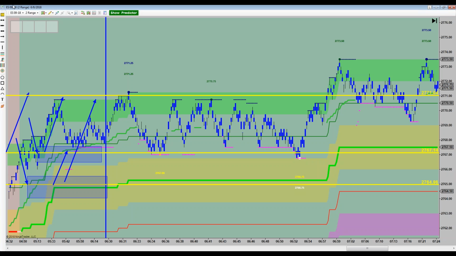Now, I have to introduce the concept of what's called fading a swing. Most of you probably already know what that is. Fading a swing is as follows. When you have a support and resistance line that's well established, as it is here in the case of the support and the resistance level, which actually turned out to be more like here.